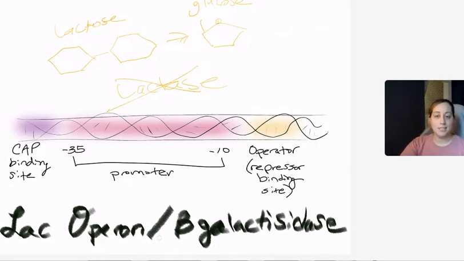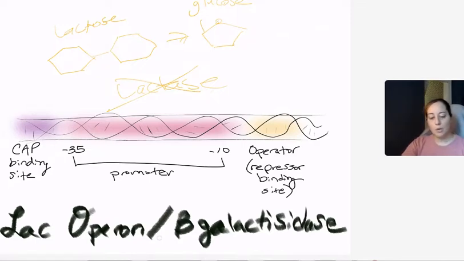Beta-galactosidase is the enzyme in this bacterium that breaks apart the two parts of lactose into individual glucose molecules. So in other words, when the lac operon is expressed, beta-galactosidase is produced, and that can break down lactose. We'll go back to this idea of the big picture in the next video.